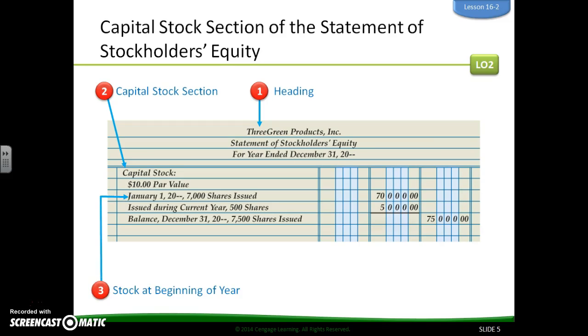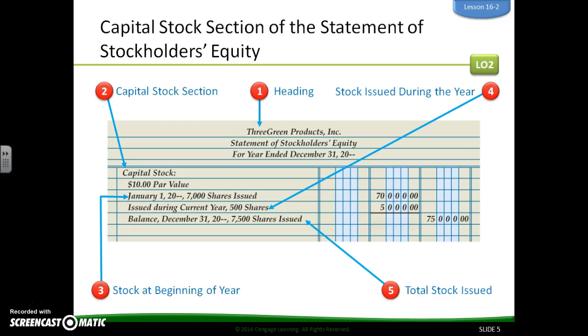So it's listing a $10 par value, and the value of the shares issued on January 1 looks to be $70,000. We issued 5,000 shares of stock during the current year. So the value at the end of the year, when you consider we have all of the 7,500 shares issued, is $75,000. Okay, so this is the statement of stockholders' equity.